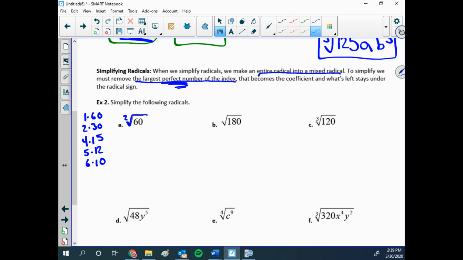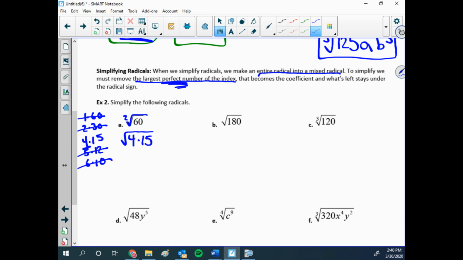Well, 1 is technically a perfect square, but I'm never going to use that because it's not simplifying. 2 and 30, neither of those are perfect squares. 4 and 15, well, 4 is a perfect square, so I'll leave that there. 5 times 12, neither of those are perfect squares, and 6 times 10, no. So in this example, there's only one set of factors that includes a perfect square, so I will break 60 up into 4 times 15.